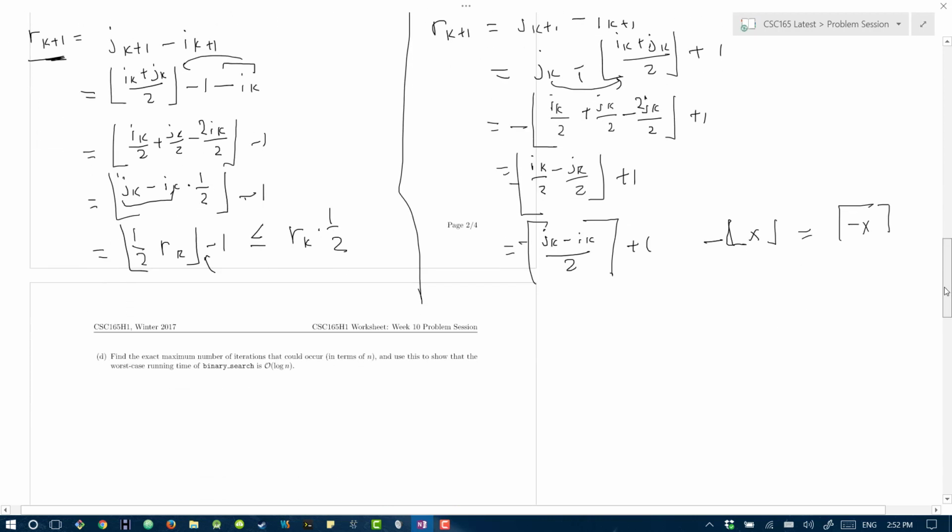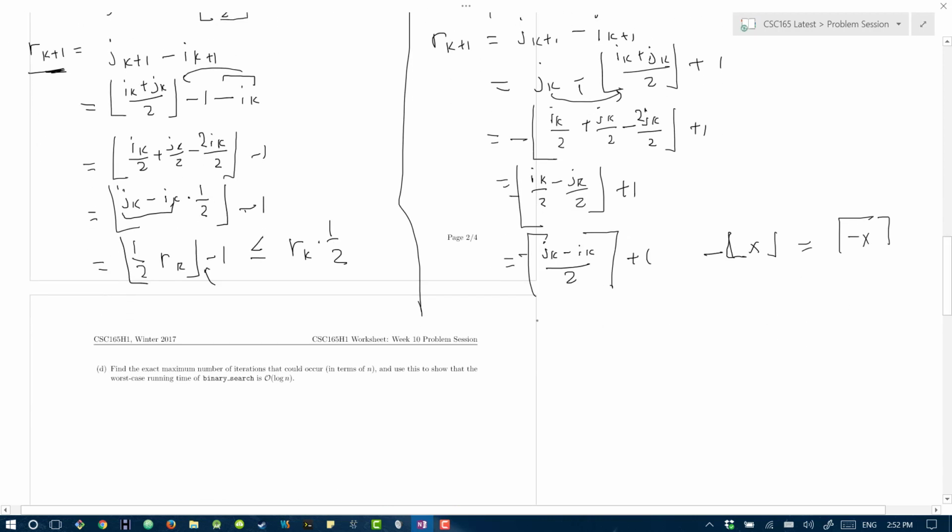Okay, so that has a negative, this one doesn't, which is equal to the ceiling of 1/2 times r_k, plus 1. Right.